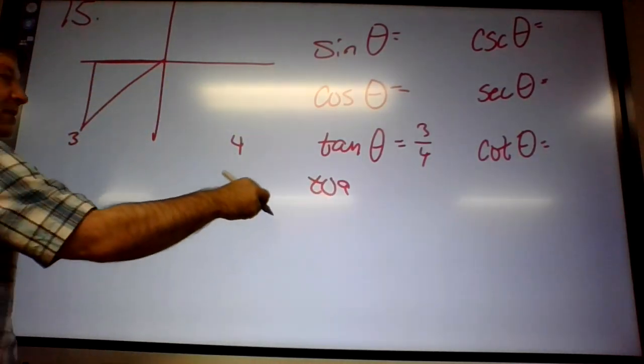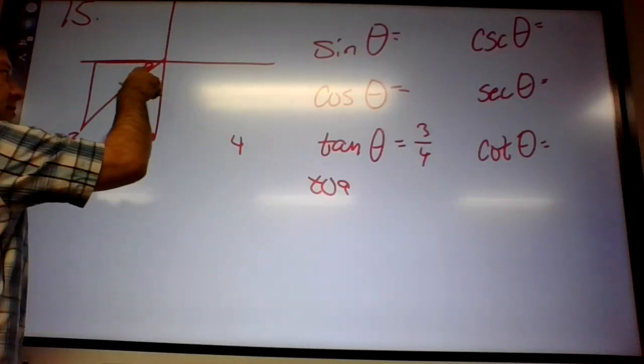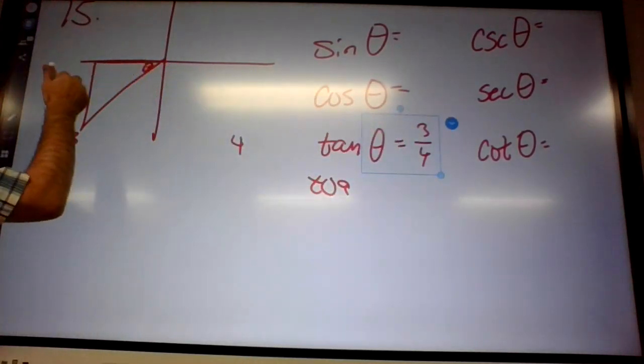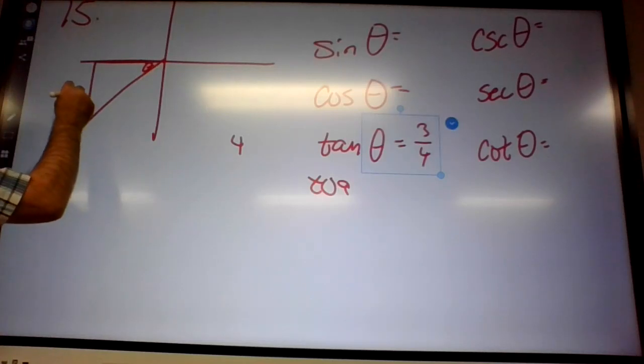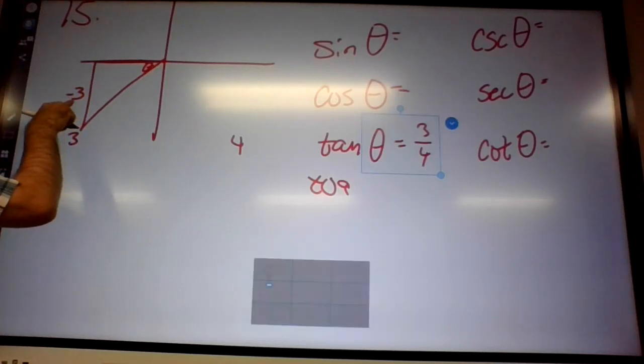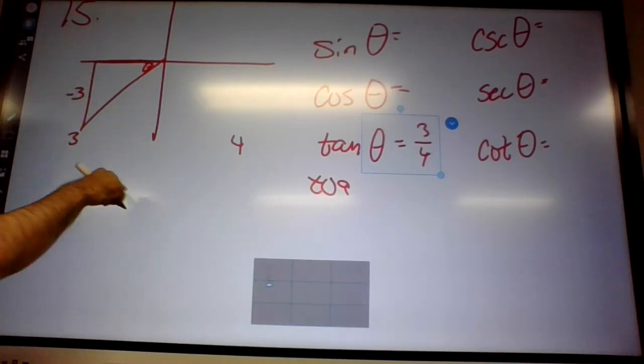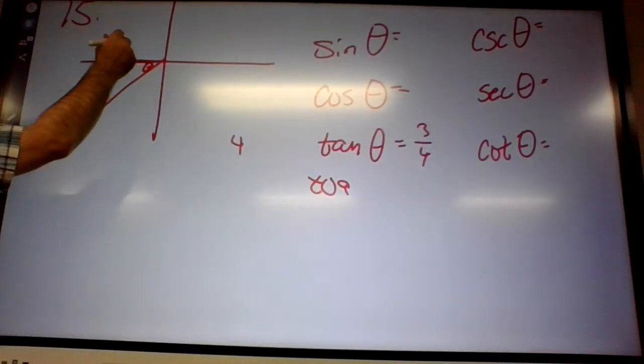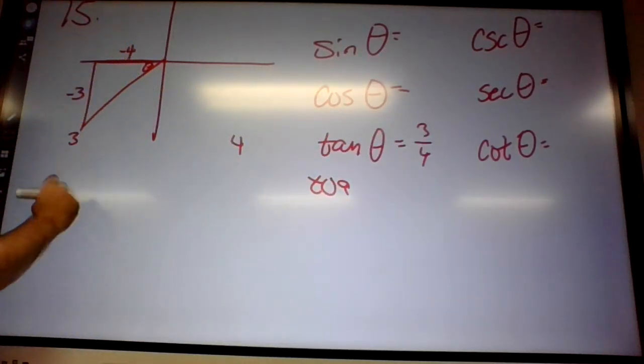Opposite over adjacent. So if this is our angle in the third quadrant, the opposite side is 3. Actually, it would be a -3 because it's going down. The adjacent side is 4, but it's going left, so it'd be a -4.